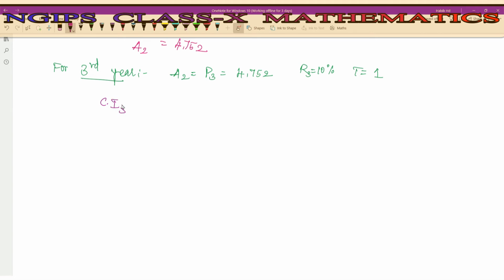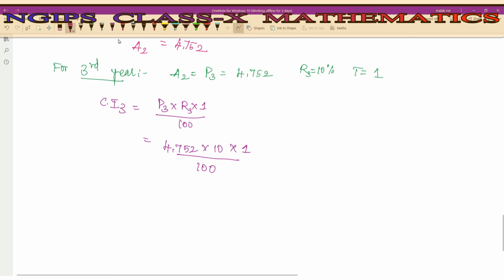The compound interest for the third year is equal to third year principal into rate into time period divided by 100. So here we have the principal 4752 into rate 10% into time period 1, divided by 100. The 0 and 0 get cancelled, so the leftover is 4752 divided by 10.